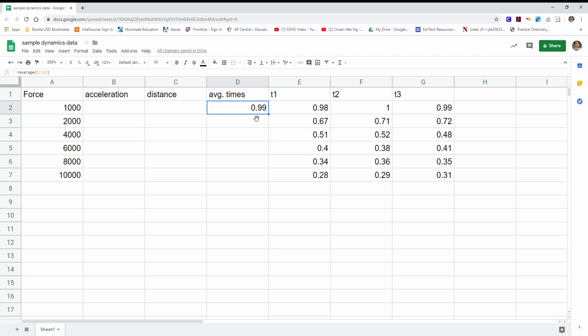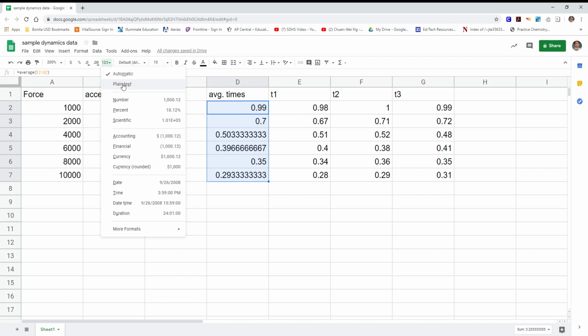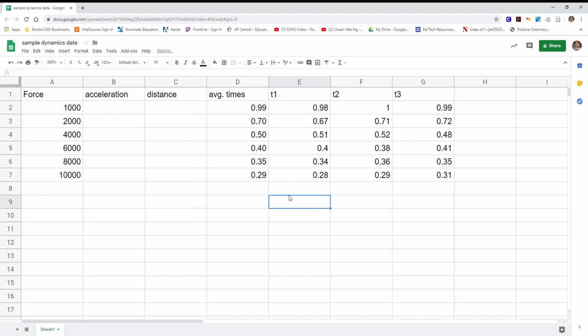That's perfect. Not the hand, not the little arrow, this little cross. Hold down, drag down, and it does all of the math over and over again for you. That way, you're only spending a few seconds on this math. I don't like it looking all ugly like this, so I like going here and changing it into a number. That looks nice. Okay, so now I have all of my average times.